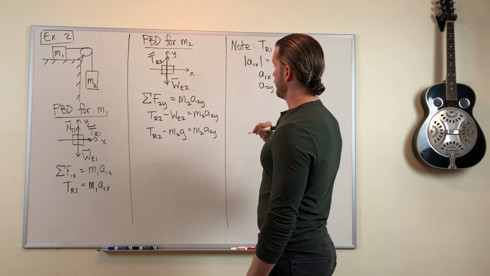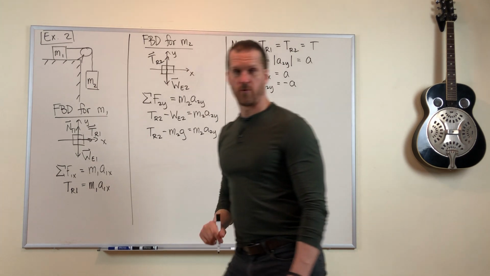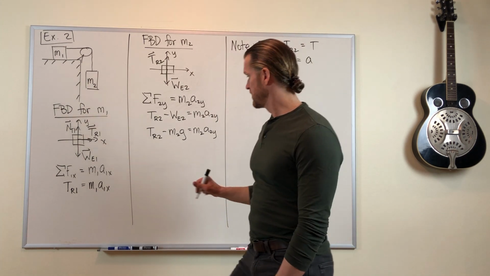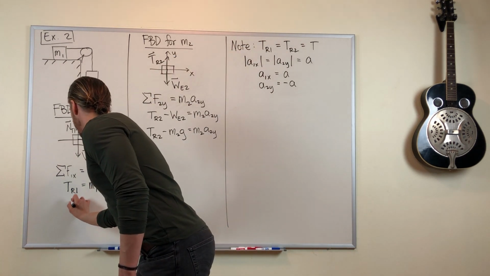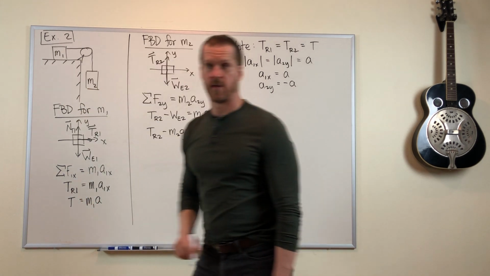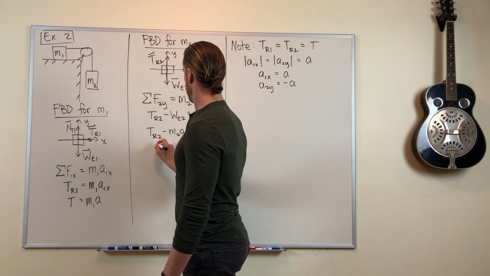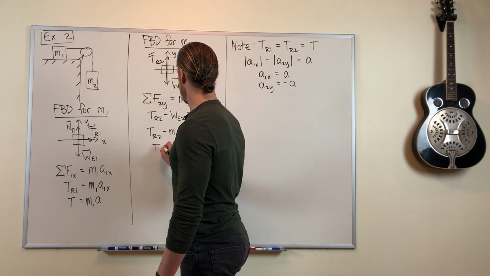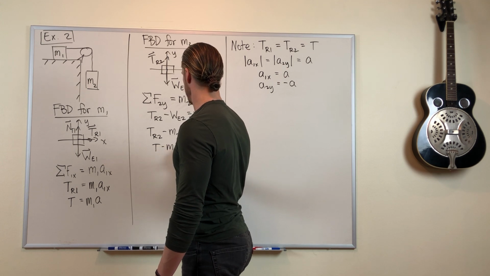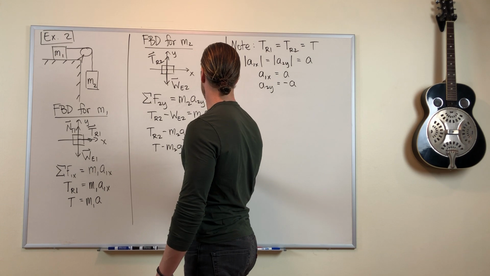So with all these values defined, we can substitute into those two equations where we had gotten stuck before. So this first one becomes T equals m1 times positive A, and this other one becomes T minus m2g equals negative m2A.